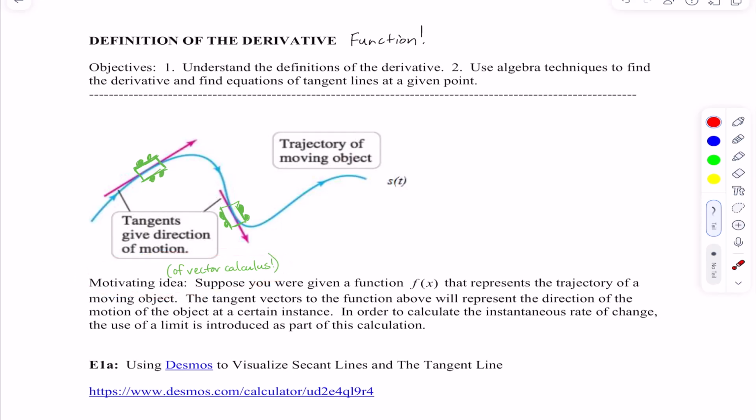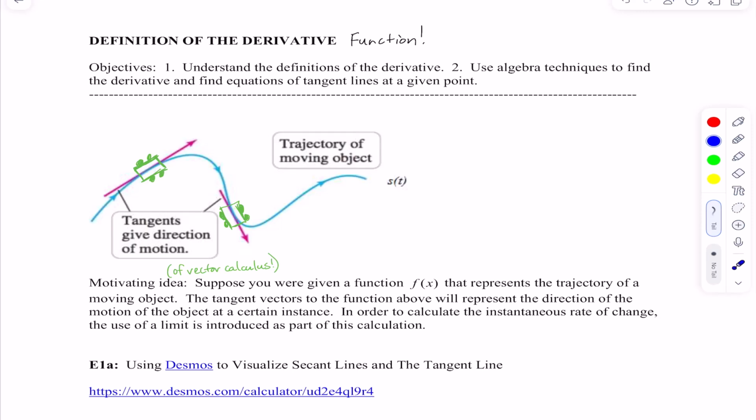But in general, if we're just talking about functions, the tangent line of a function could tell you that if the slope of the tangent line is positive, this function is increasing from left to right. And what happens when the slope is 0?